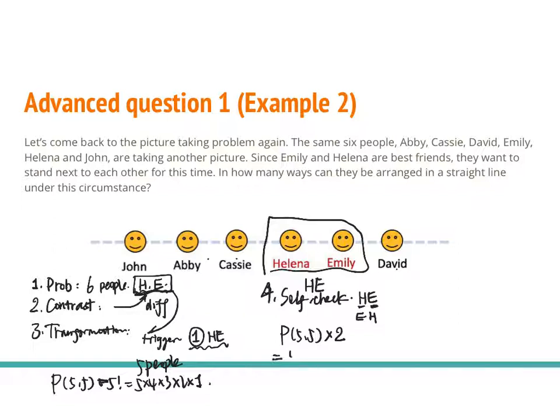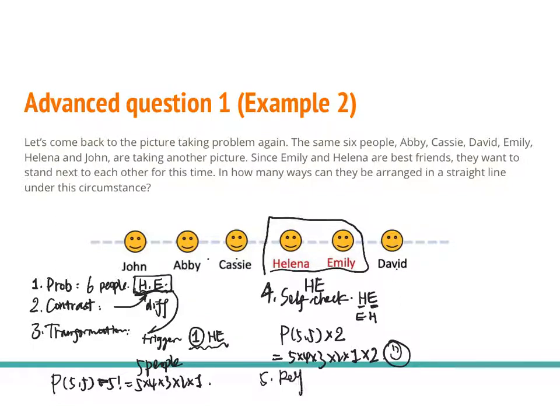So that should be 5 times 4 times 3 times 2 times 1, times another 2. After the self-checking, we avoid the mistake of ignoring the inner order of Helena and Emily. We suppose now we have addressed all the problems in this question.